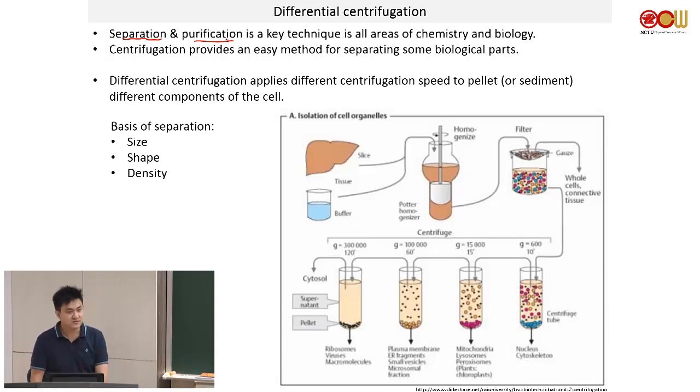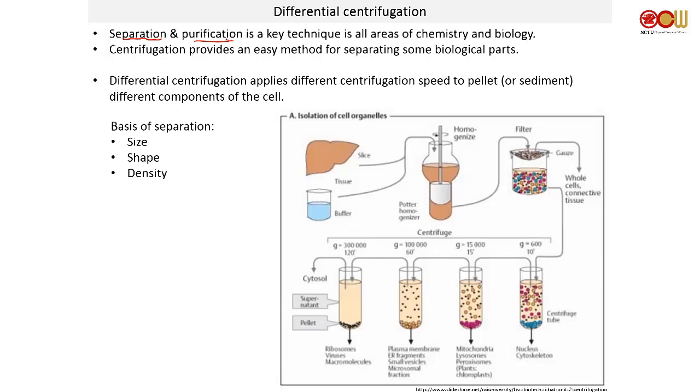It's always about the ability to isolate something, because if you have a mixture of solutions or a mixture of tissues, you don't know what you're studying, because it's just a mixture. So for chemistry and biology, we always want to be able to isolate certain things. And centrifugation provides an easy method for separating some of the biological parts.